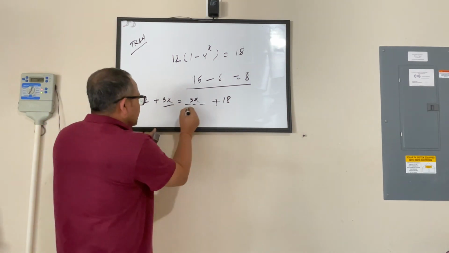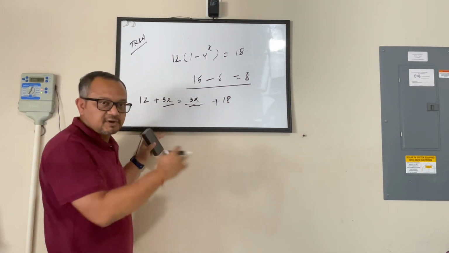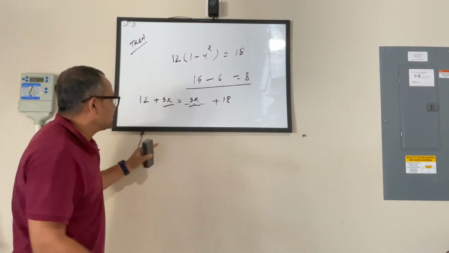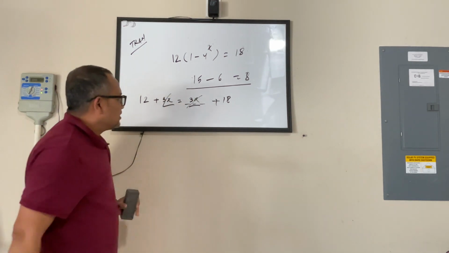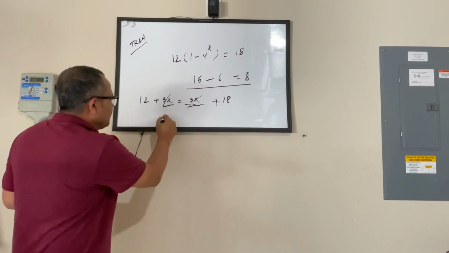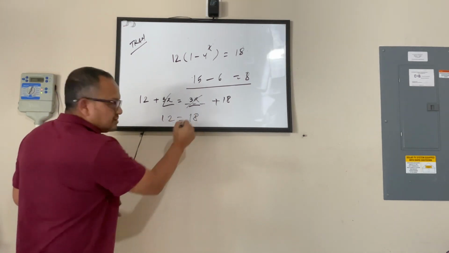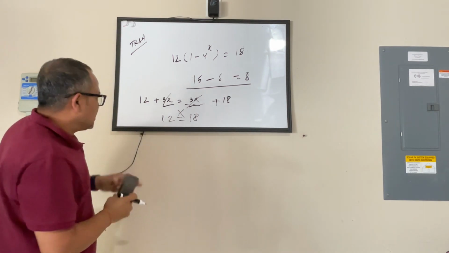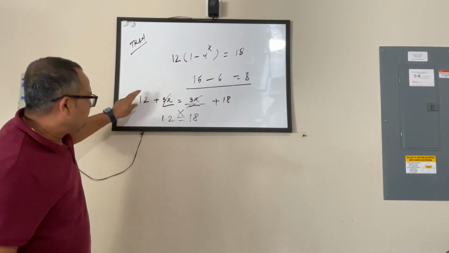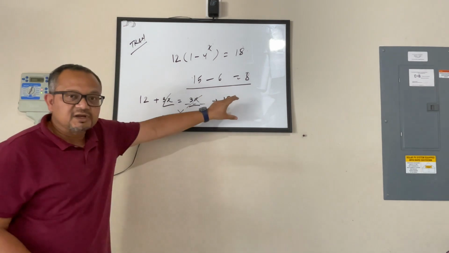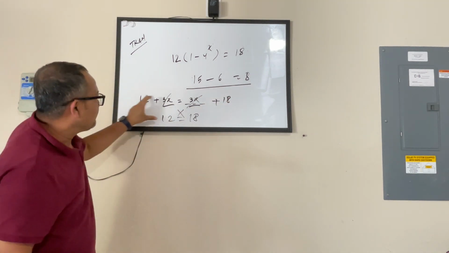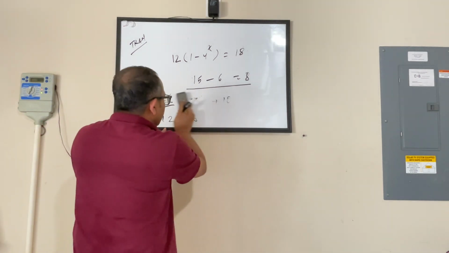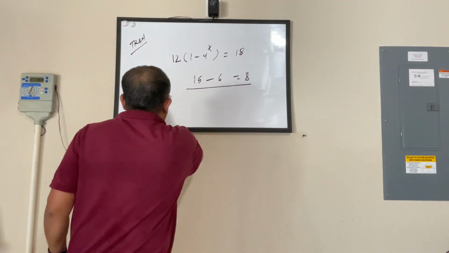Now, this and this will get cancelled out when you do the calculation, and it becomes the equation 12 equals 18. This is an equation with no solution. So in summary, if the variables get eliminated, or you don't have a variable in your equation, that is when you can say there is no solution.